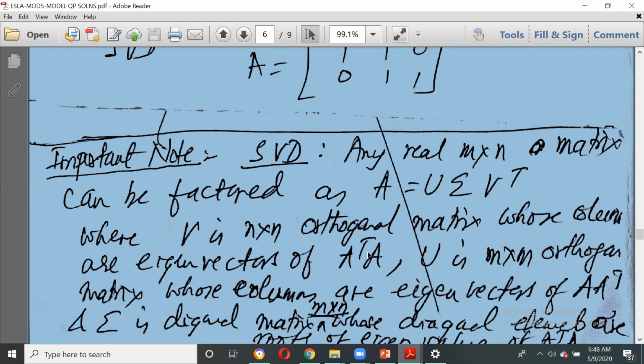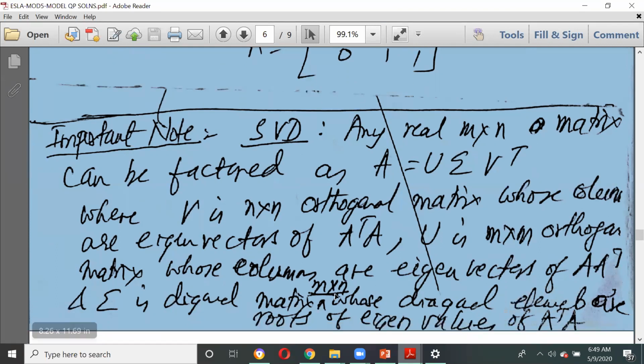Similarly, we need to find the A A transpose. Having found A A transpose, we need to find the eigenvectors for A A transpose, and those eigenvectors will form the matrix U, which is an M cross M orthogonal matrix. Then sigma is the diagonal matrix, which is M cross N, whose diagonal elements are roots of eigenvalues of A transpose A or A A transpose.